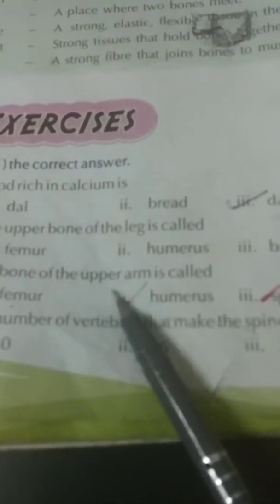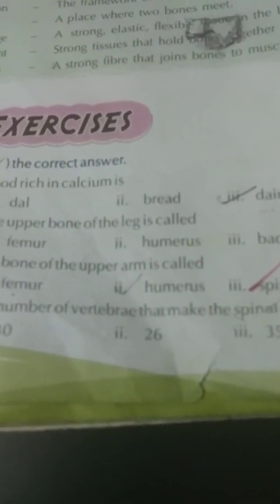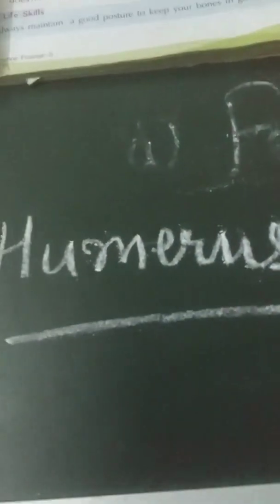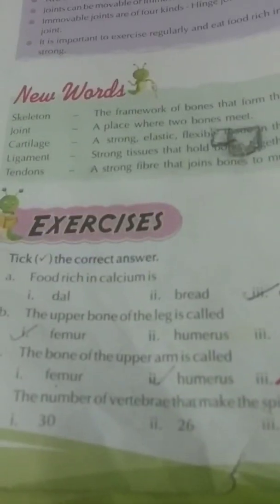Third question, the bone of the upper arm is called humerus.